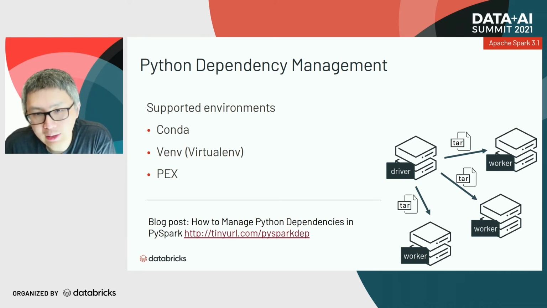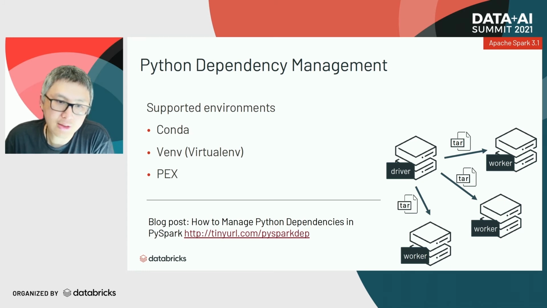The basic idea is to automatically pack the dependencies, ship them to the worker nodes, and unpack them in the working directory of the executor. It supports all three popular environments, including Conda, virtualenv, and PEX. For details, you can read the blog post, how to manage Python dependencies in PySpark.